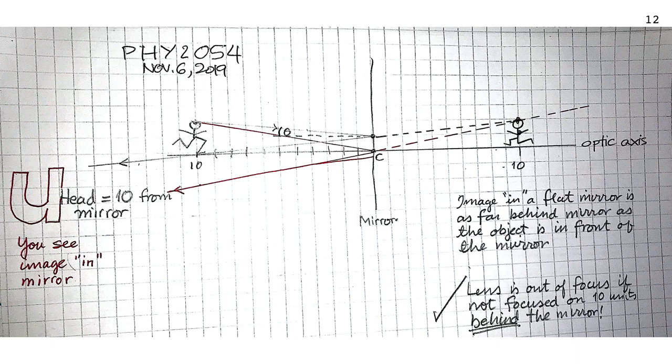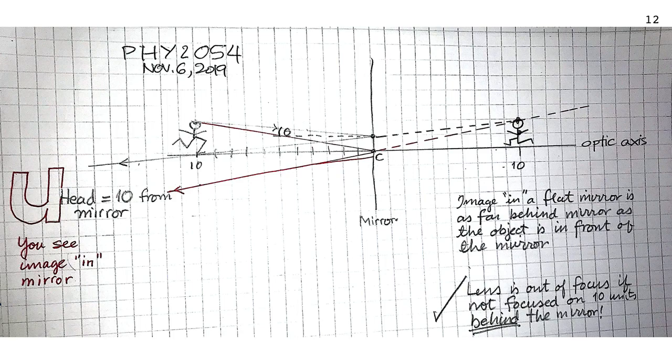All right, so here's my outgoing ray. Now those are two outgoing rays. I'm going to put a gigantic letter U out here.